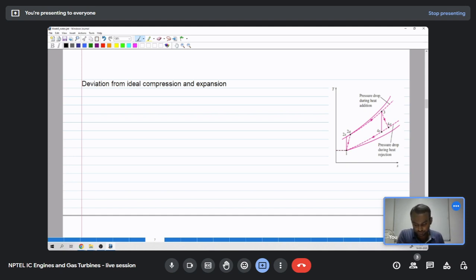So we have compression work in this drawing on the right-hand side. The bottommost pink line represents a constant pressure line.